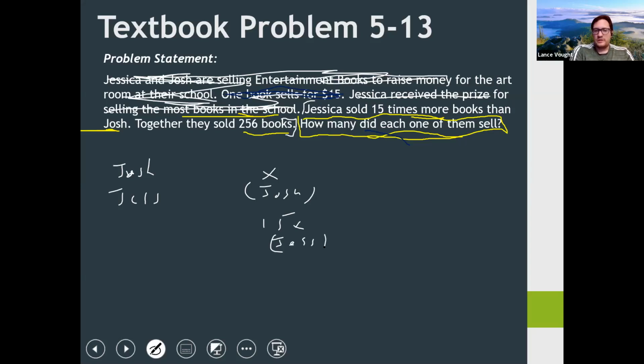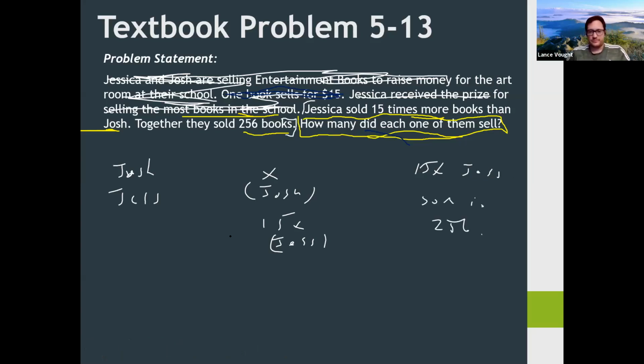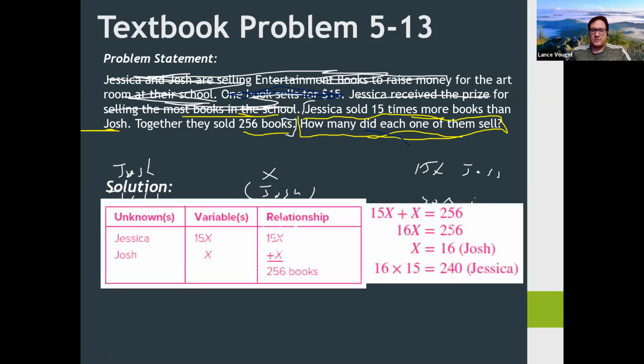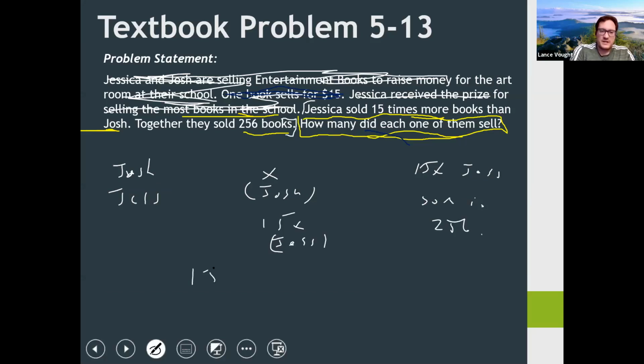And we know that the relationship between these is that 15X is Jess and that the sum is 256. So what kind of equation do we get from this? We get 15X is Jess's books, plus X is Josh's books, equals 256, which means that if you add like terms together, 16X is equal to 256.